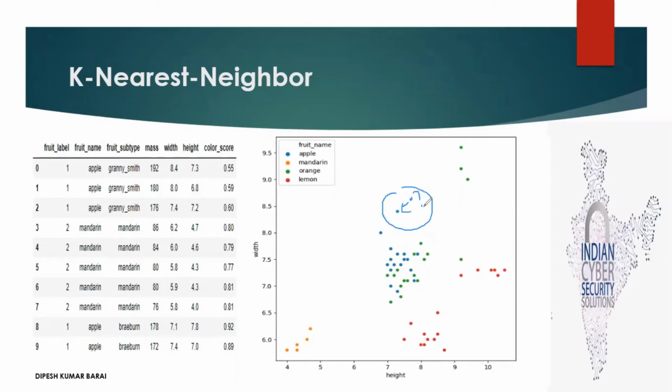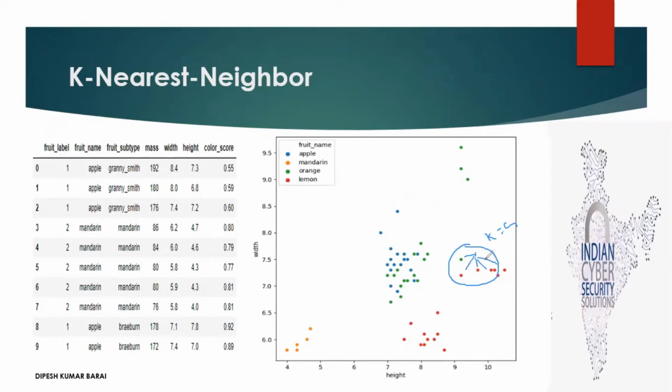But if we take k equal to 5, and the new point is here, then if we draw a circle around it, we can take these five data points.